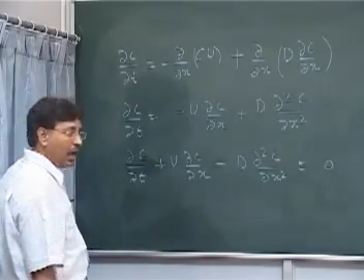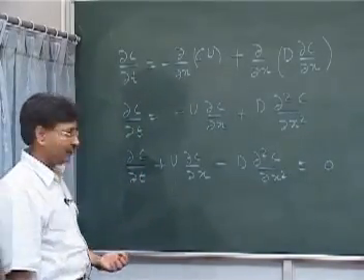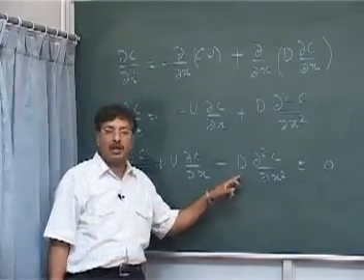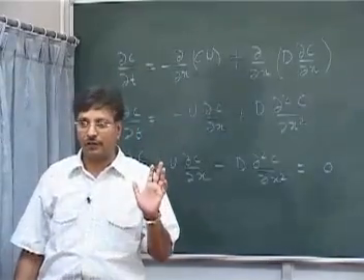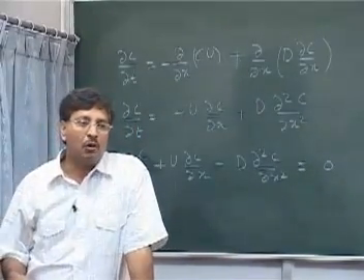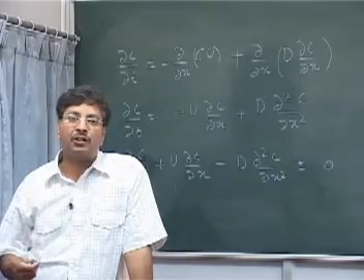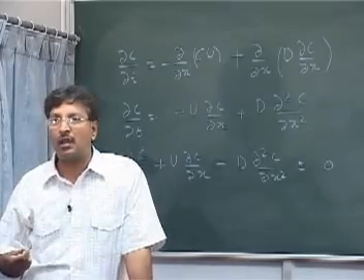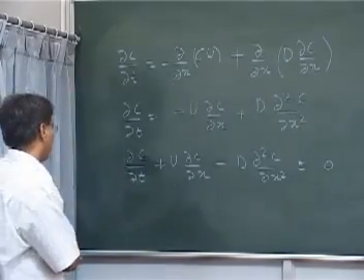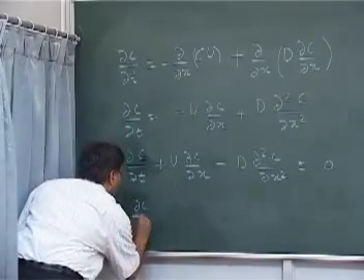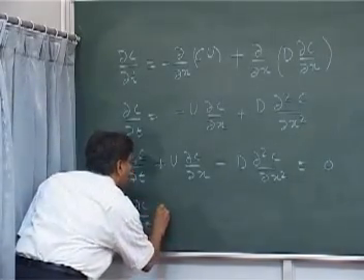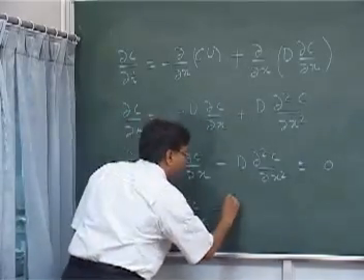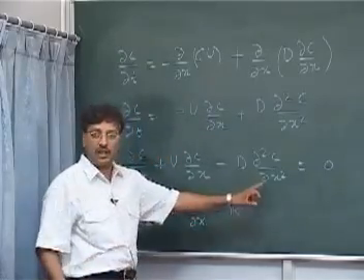And if you agree, I can write a three-dimensional form of this one. But before we do that, you recall this D, we are taking as the molecular diffusion. Now we will replace this D with the turbulent diffusion, because in the atmosphere most of the time we encounter turbulent diffusion, hoping that the theory remains the same. So I can write this plus u del C by del x minus, and normally the turbulent diffusion we talk about in the x direction only.